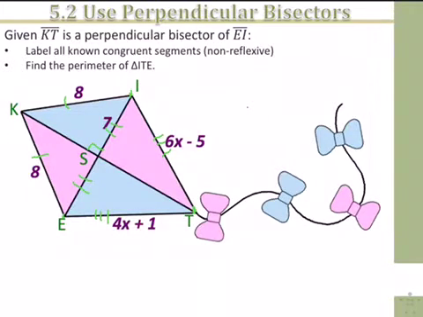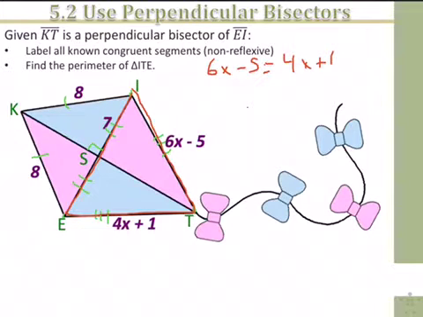Fair enough. We want to find the perimeter of triangle ITE after that, which is, let me highlight that real quick, this guy. We could do that by first solving for whatever x is, which isn't too hard. We already have that IT, which is 6x minus 5, is congruent to ET, which measures 4x plus 1.